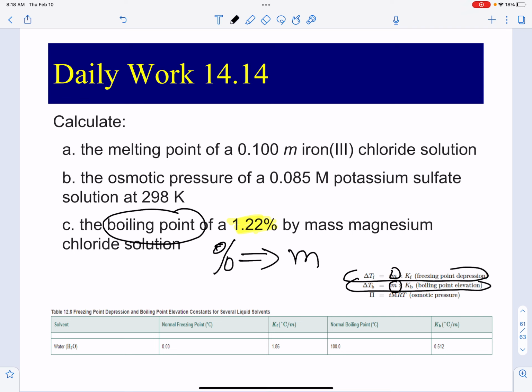For osmotic pressure, you're going to need molarity, which you already have. That's no problem there. Melting point is the same as freezing point. Remember that. And you are given the molality already. So the percentage is the one that is going to require a little bit more effort, because you're going to have to change from percentage to molality to be able to do the problem.